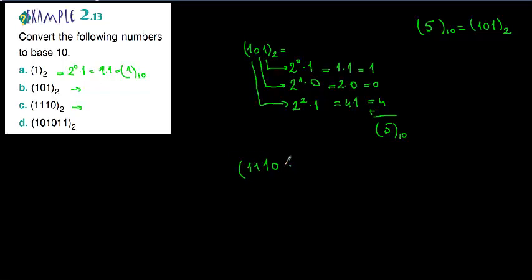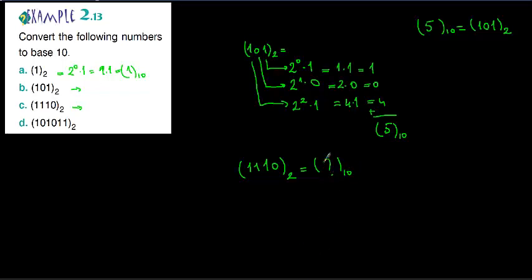Actually the number is like this, 1110 in base 2. What is in base 10? We are going to find what is in base 10. Actually this part is going to be 10.